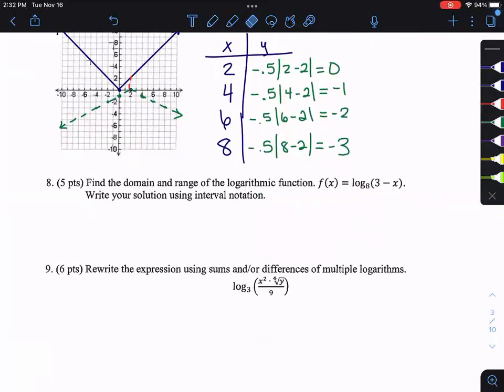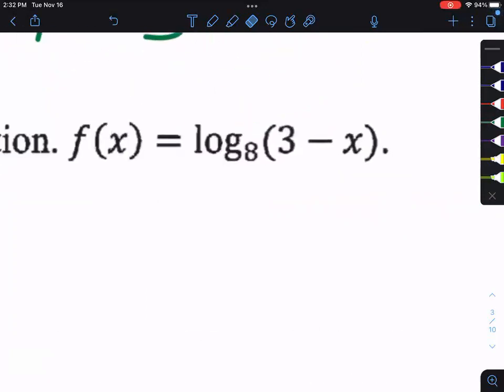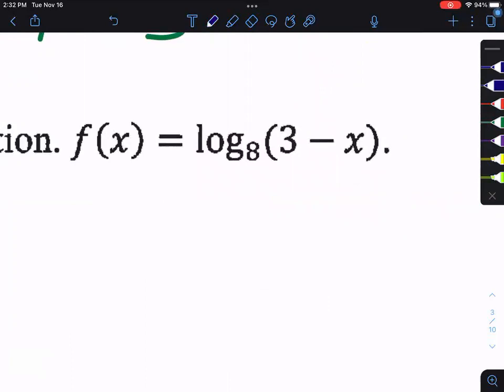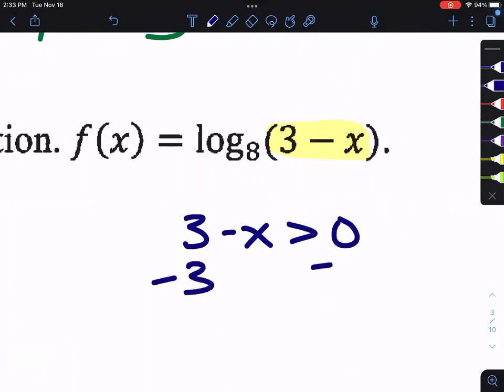Question number 8, find the domain and range of this logarithmic function. Make sure to write your answer using interval notation. Remember, for the domain of a logarithm, whatever's right here in parentheses must be greater than 0. So we're going to take this, set it greater than 0. We're going to subtract 3 from both sides.